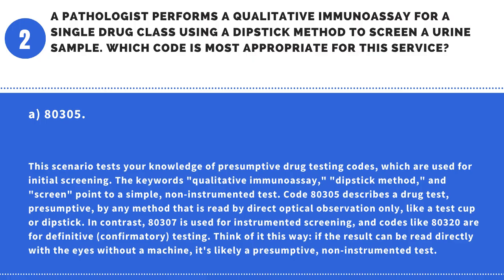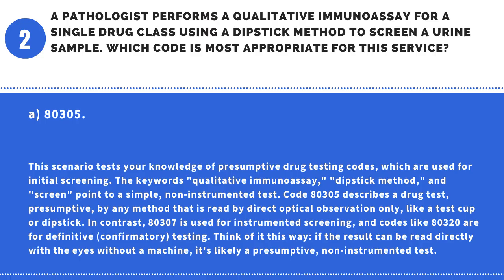80305. This scenario tests your knowledge of presumptive drug testing codes, which are used for initial screening. The keywords qualitative immunoassay, dipstick method, and screen point to a simple, non-instrumented test. Code 80305 describes a drug test, presumptive, by any method that is read by direct optical observation only, like a test cup or dipstick.